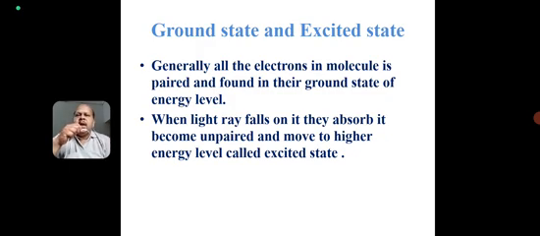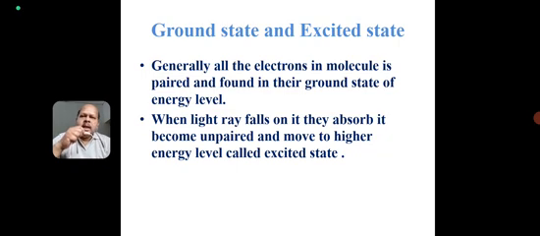We know that there are two energy states of any electron, that is the ground state and the excited state. Generally, all the electrons in a molecule are paired and stay in the lowest energy level at the given temperature, which is called the ground energy level.